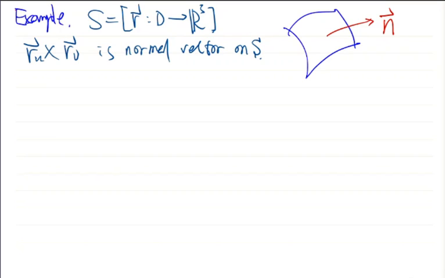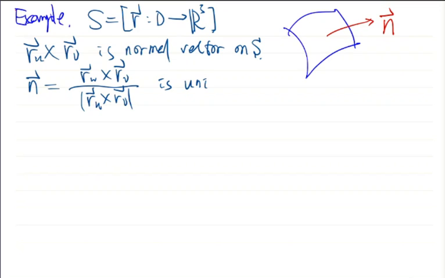But we normalize this vector. Because it is not zero, the norm is always not zero, so we can divide it by the norm. So this is a unit normal vector on S. Actually, this is a vector field.